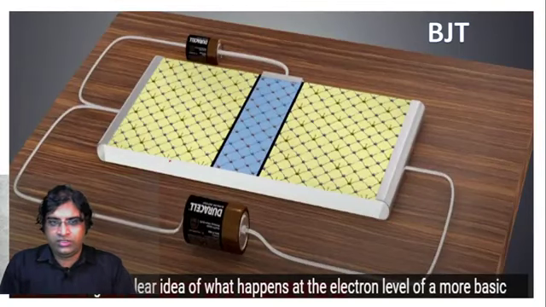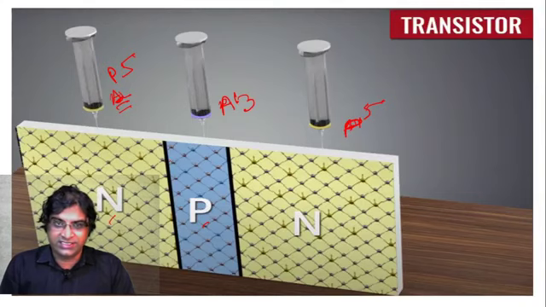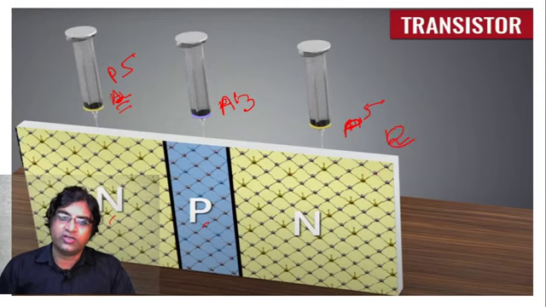And this is called a BJT. Why is this called BJT, bipolar junction transistor? Because in the case of N, the majority carrier is the electron, and in P, the majority carrier is the hole.